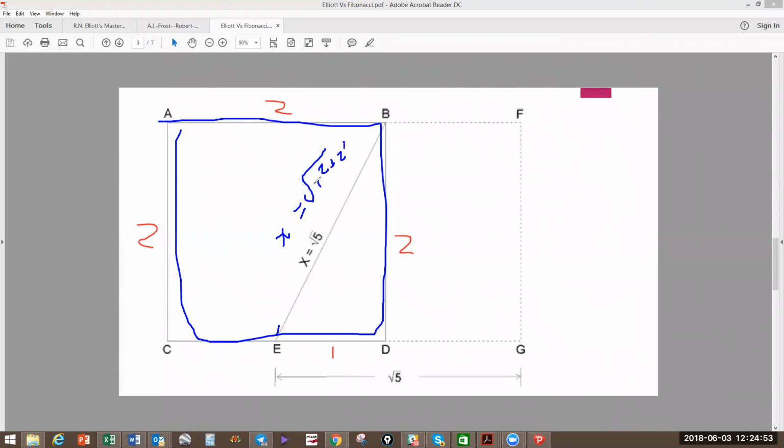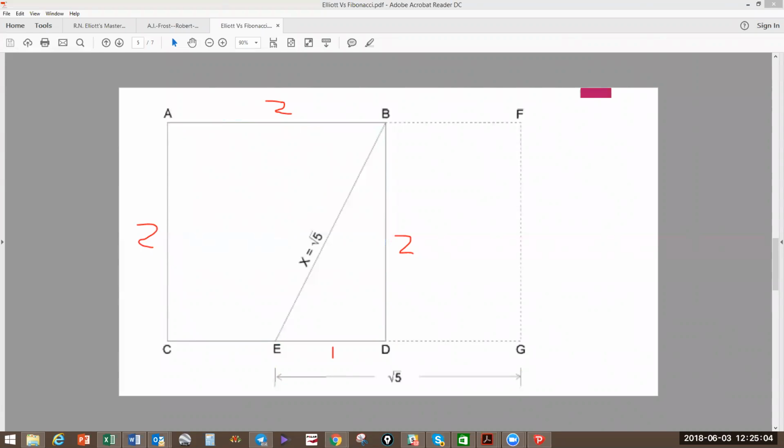That gives you √5, and you add that length to this and it gives you the Pythagoras square, or the golden square. So from this golden square comes the golden spiral. You can actually develop that golden spiral from this.